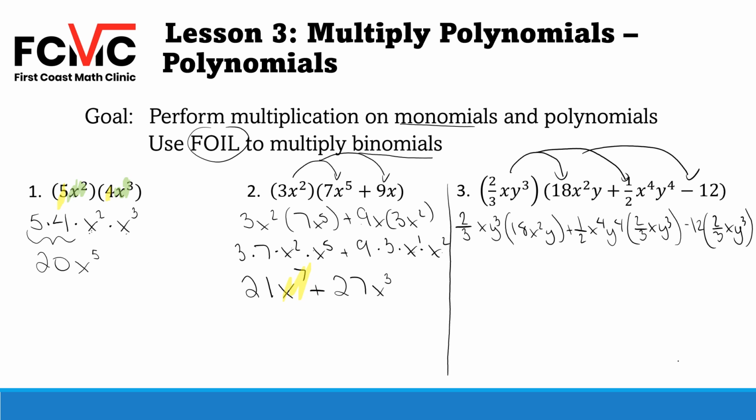All right, so now I want to rewrite this grouping the terms together that I'm going to multiply. So I'm going to erase this next step, give myself a little more room down here. So here I'm going to multiply 2/3 times, I'll put the 18 over 1, and then x times x squared, and then y to the third times y. So I multiply the 2/3 and the 18, this x and x squared, and this y to the third and this y.